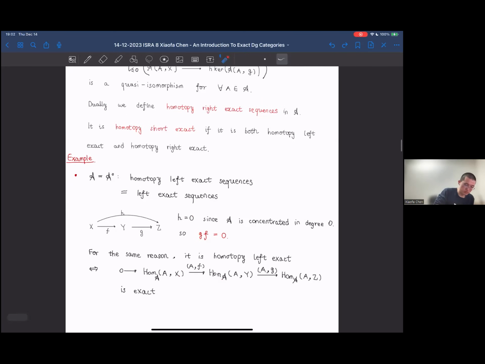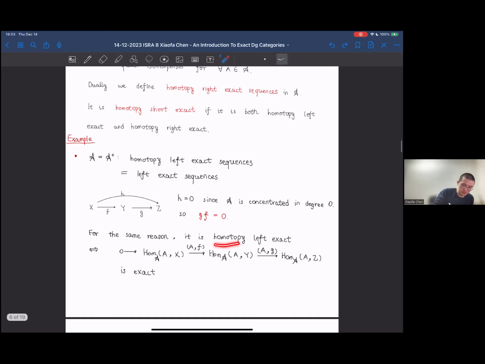And now the negative homologies of this Hom complex, which is concentrated in degree 0, will vanish. So we get that it is homotopy left exact if and only if this is exact as a sequence of K modules.